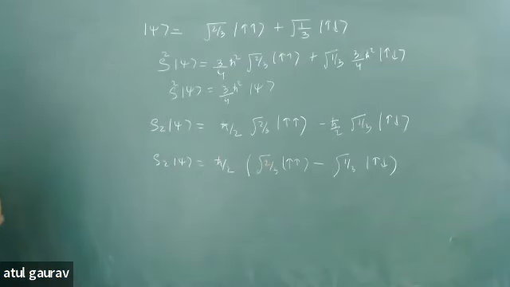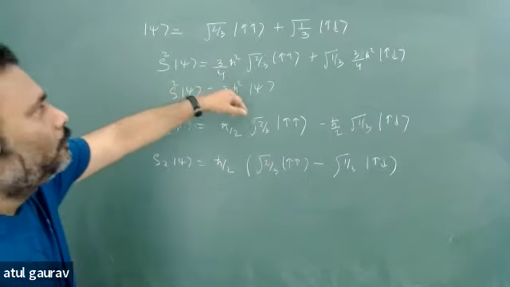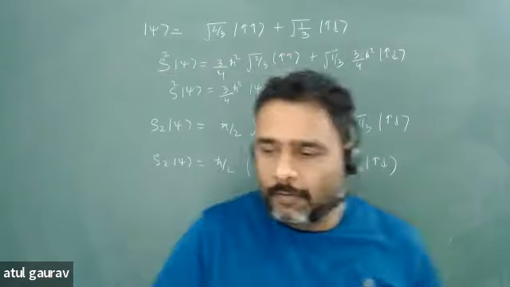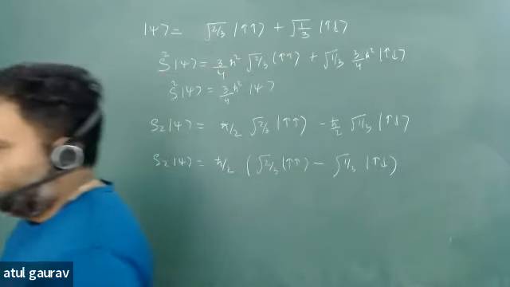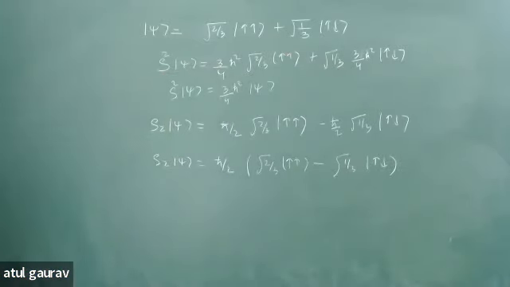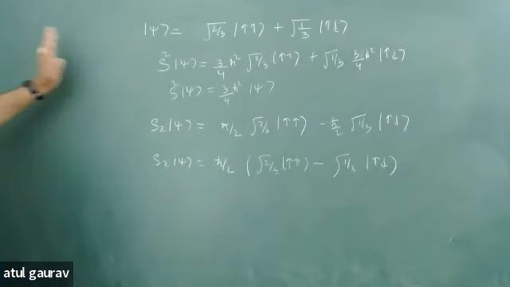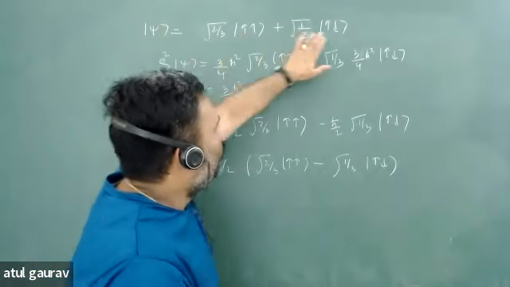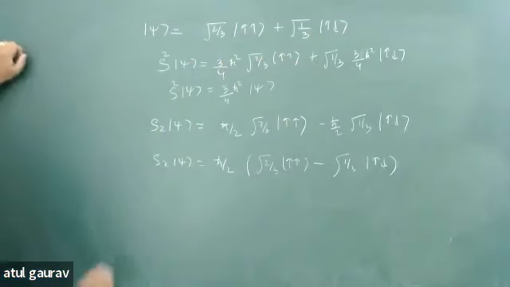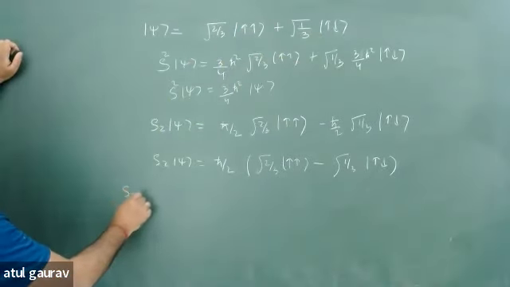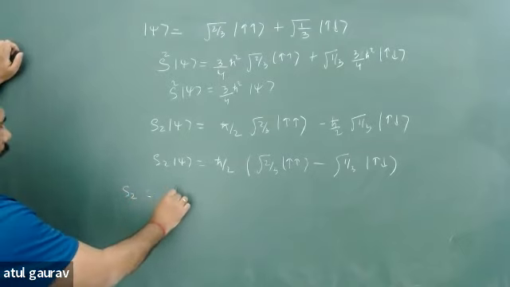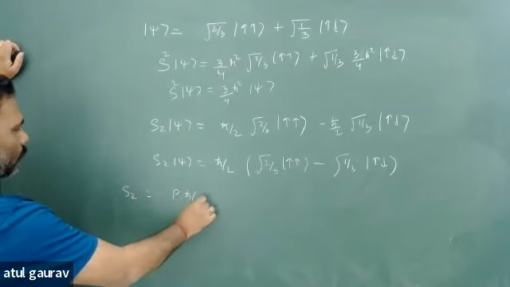Okay. Now the next question is that if Sz is measured on state psi, what will the measurement be? H cut by 2 or minus h cut by 2. Sz will measure either this one or this one. So you have the probability of h cut by 2.